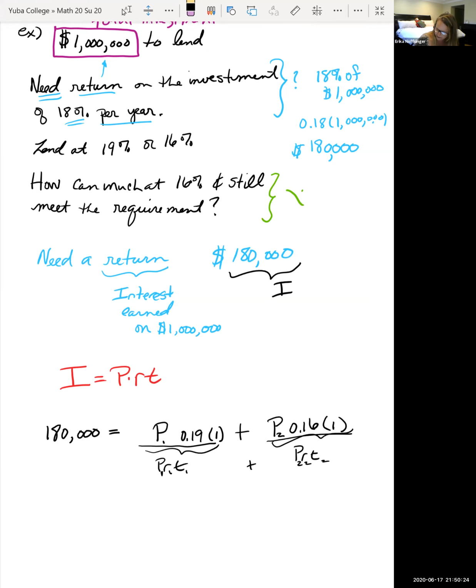So let's say X is equal to the amount invested at 16%.